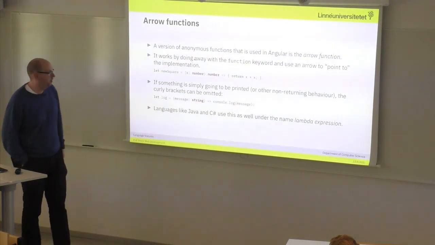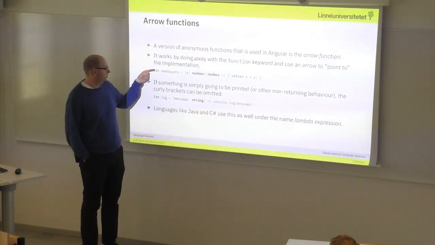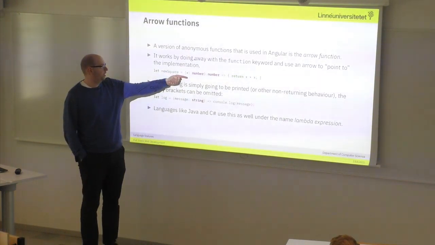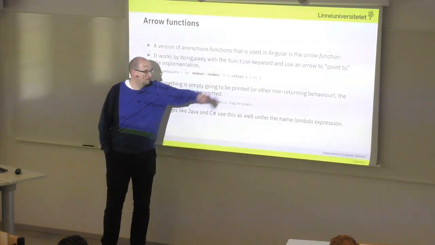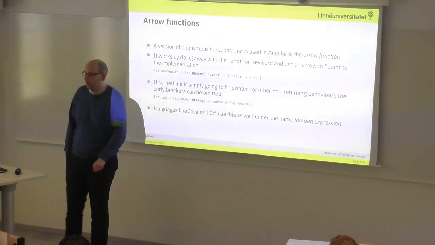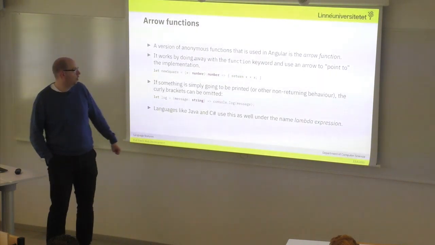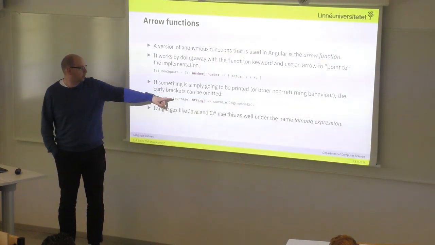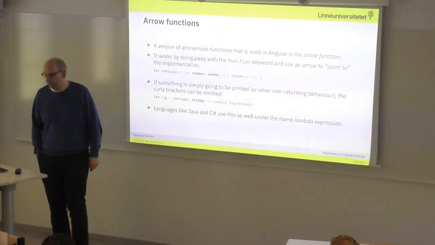And we can do this with an arrow function instead. So we can say that new square should be something that takes a number, returns a number, and the implementation is x times x. And you can even omit the curly brackets if we are not returning anything specific.